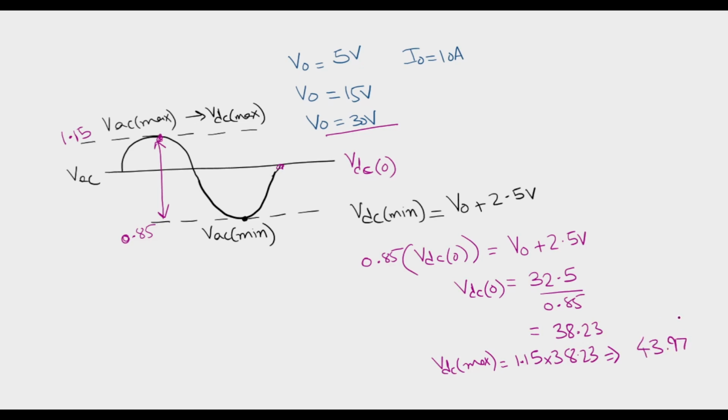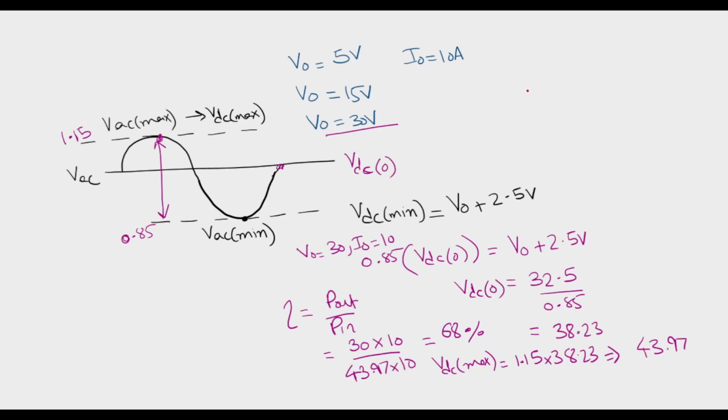Now in order to calculate the efficiency, we know efficiency is nothing but the output power divided by the input power, and the output power is V naught times I naught, which is 10 amperes, and the input power is this VDC max times the current. Now let's take the second case.